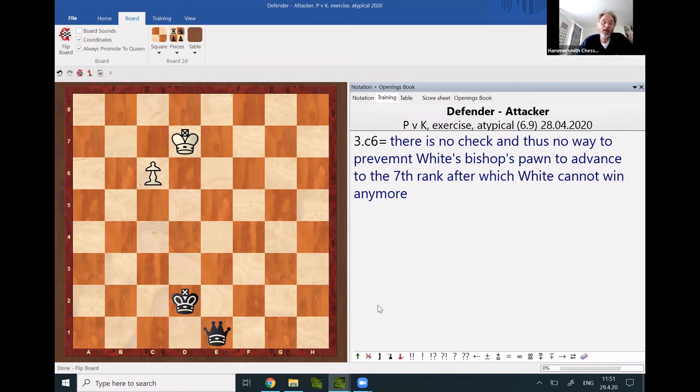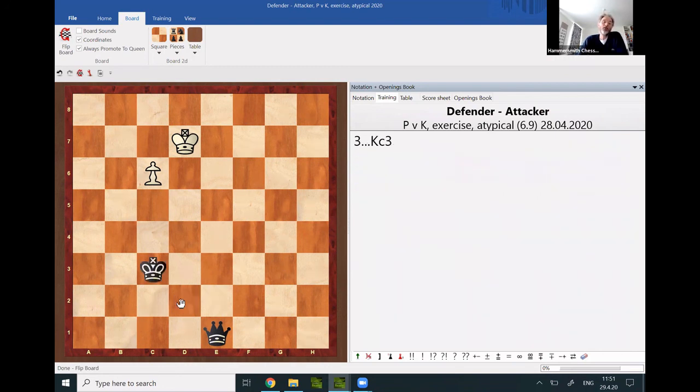So white is able to push the bishop's pawn to the 7th rank, and then the position is a known draw, especially since the black king is far away from the white king. This is an absolute drawish position. Of course, white has to be careful. White has to go into the corner if forced by check, and then black is unable to convert this material advantage into a win.